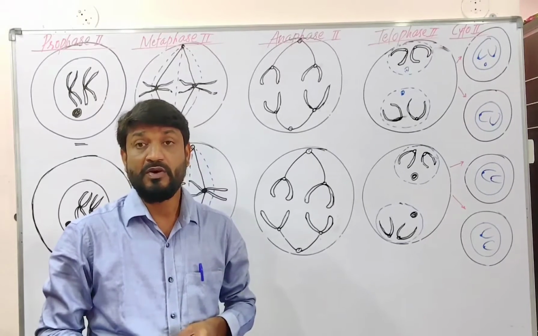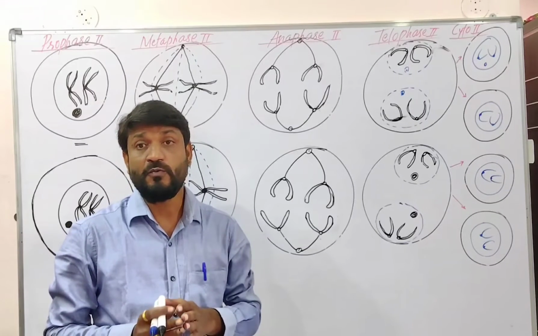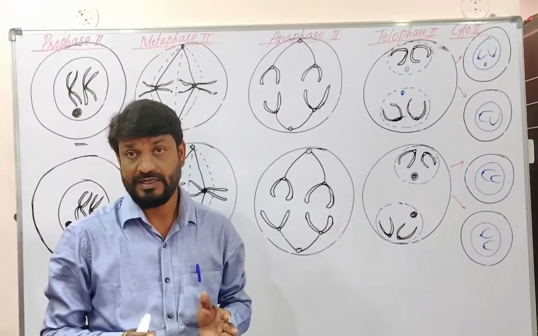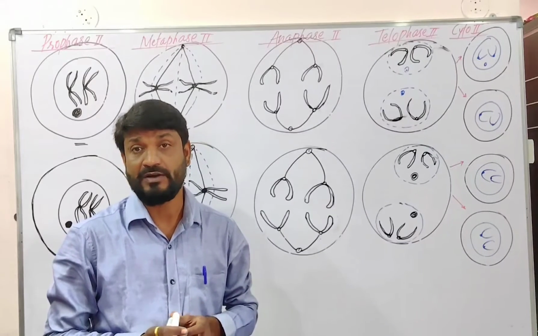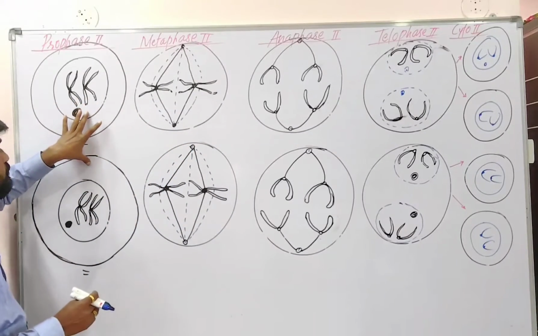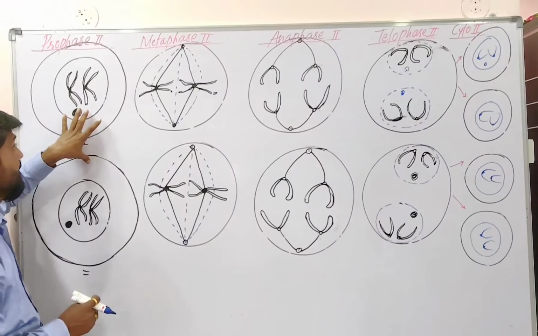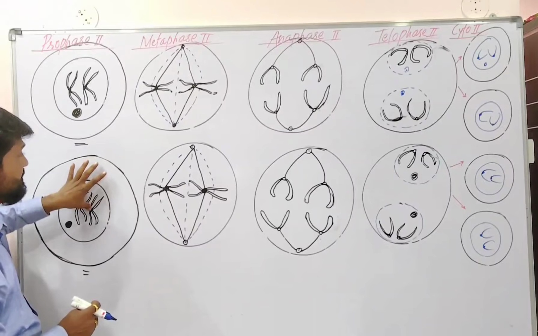The phases of meiosis 2 are exactly the same as the stages of mitosis. Here we know the result of meiosis 1, that is two cells.